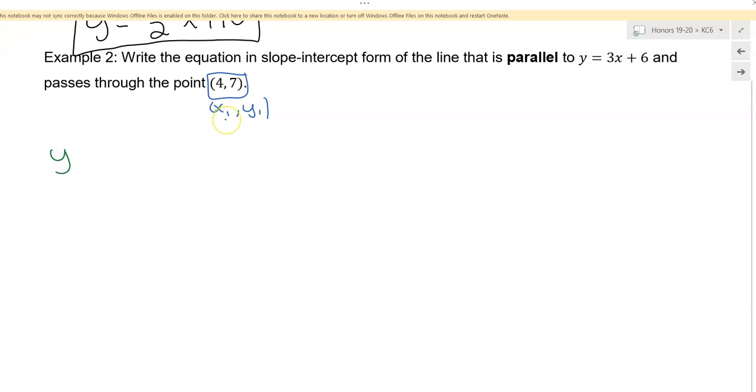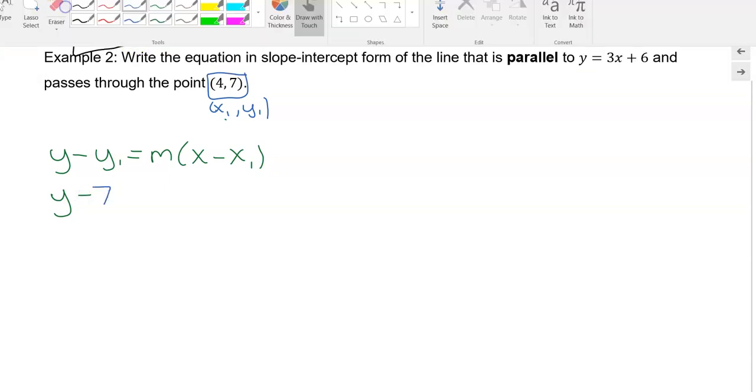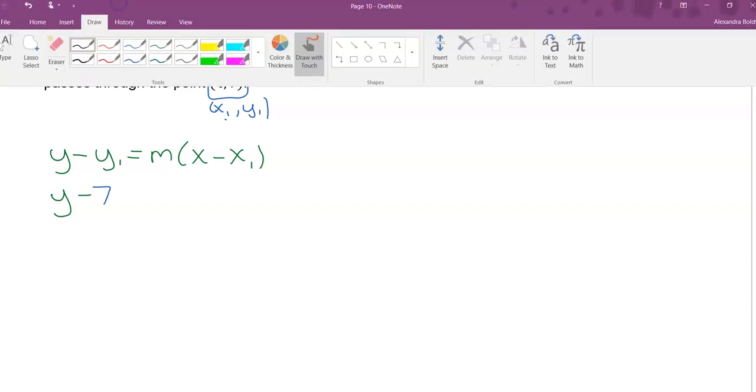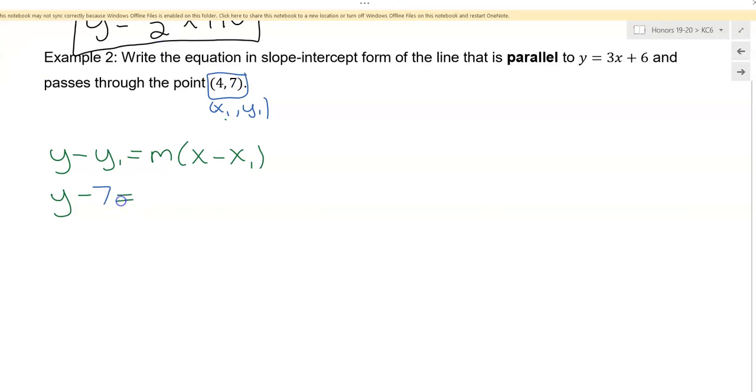I have my point, I need my slope. y minus y1 equals m times x minus x1. Okay, so those pieces I know, right? I have y minus y1 is 7 equals, I'm just going to leave my slope blank, don't know what that is yet, x minus x1 is 4.